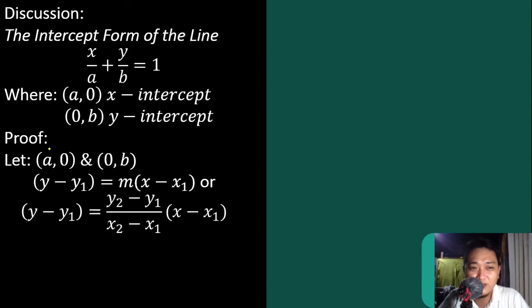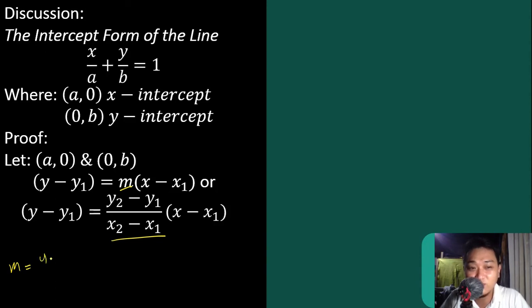this by assuming a sub 1 and sub 2. O pwede tayo mag-assume ng sub 1 and sub 2 dyan, and we are going to employ the point slope form of the line. Now, baka magtaka kayo, yung m naging ganito kasi yung slope natin, our slope is denoted by change in y over change in x, o yung delta y over delta x, o yung tinatawag namin decrement in y over decrement in x.